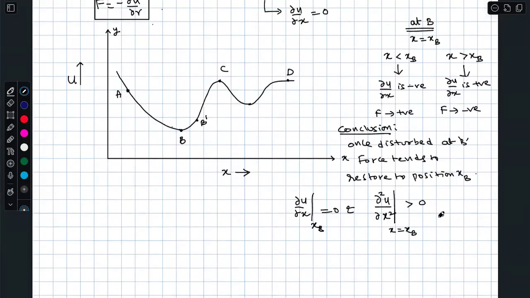While learning differentiation, maxima and minima is what you have learned. I'm speaking about a minima here. This states that potential energy is minimum at XB, in a small region around XB. At XB, the potential energy is least.